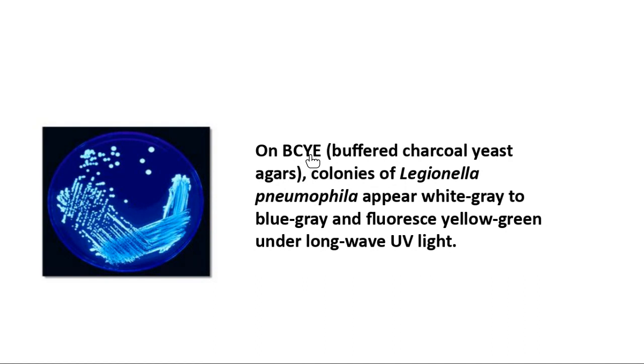On blood agar, beta hemolytic is most often Staphylococcus aureus or Streptococcus pyogenes, and alpha hemolytic means Streptococcus pneumoniae. And on buffered charcoal yeast agar, the colonies of the Legionella pneumophila appear white gray to blue gray, and under ultraviolet light the colonies fluoresce yellow green. So this is all about today's lab.